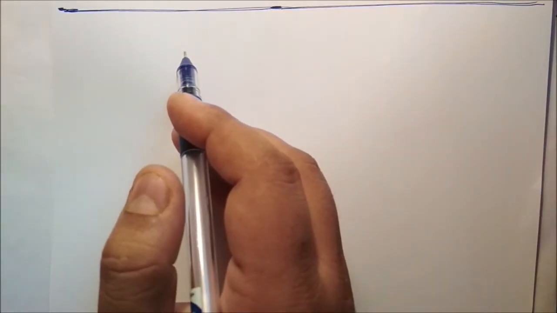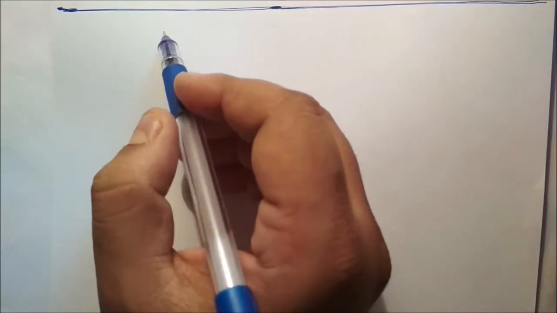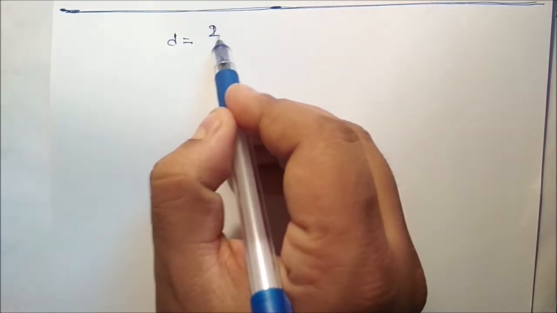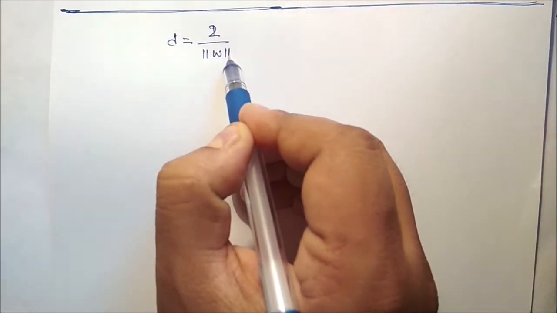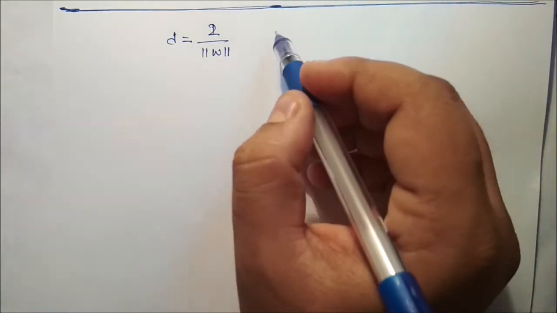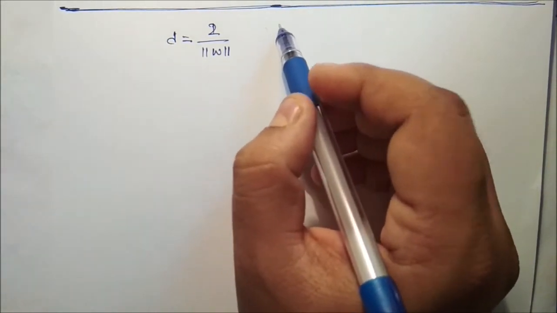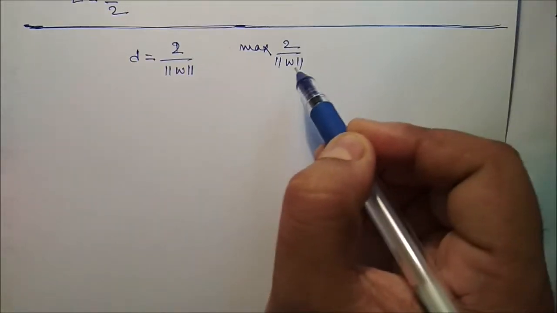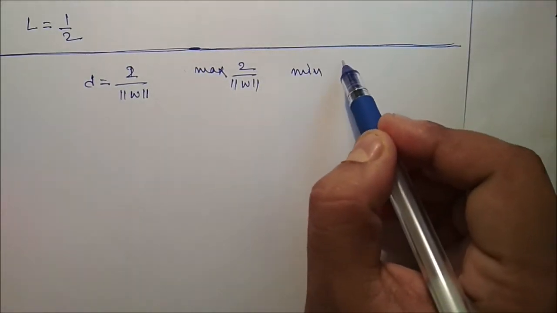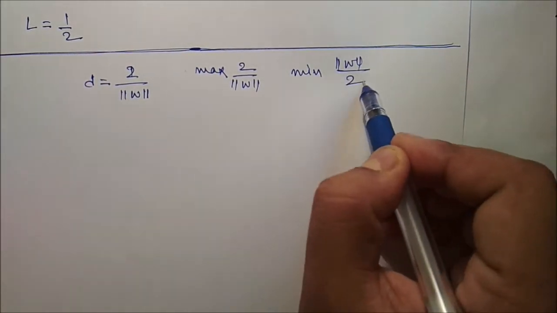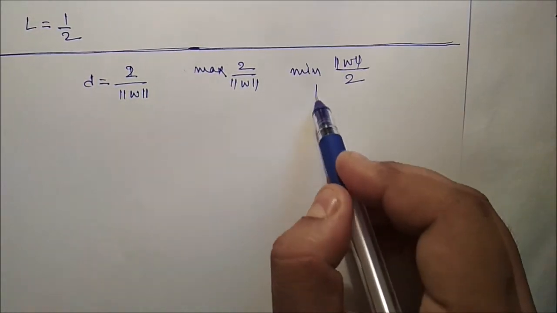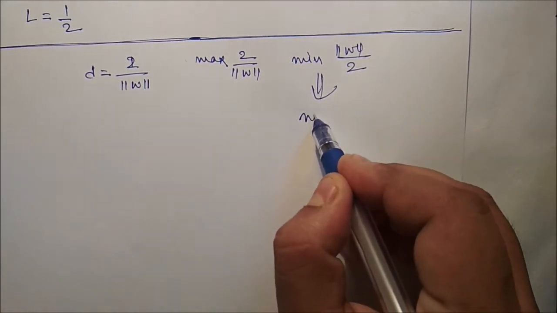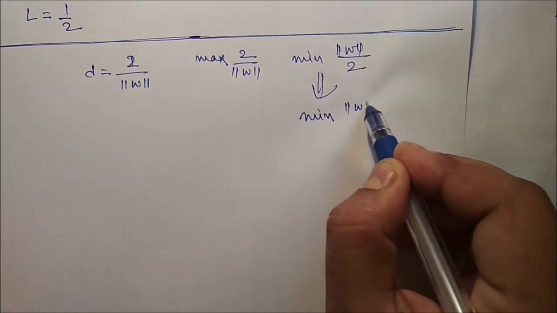So, SVM as an optimization problem. Our aim is to maximize the depth d, which is 2 by the Euclidean norm of w, or we can write it as minimizing norm of w by 2. For mathematical convenience, we can write norm of w squared by 2.